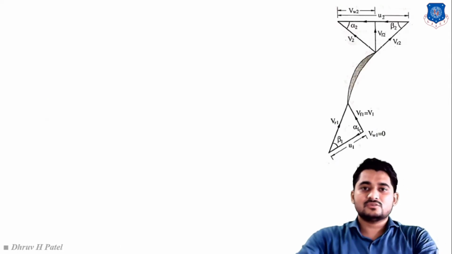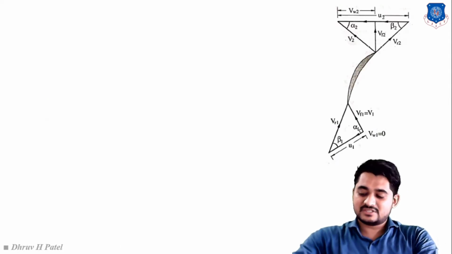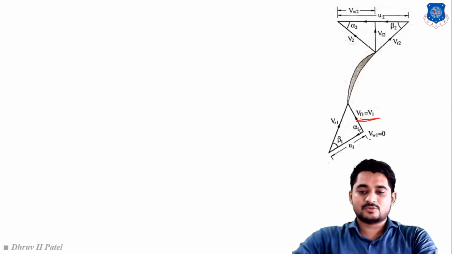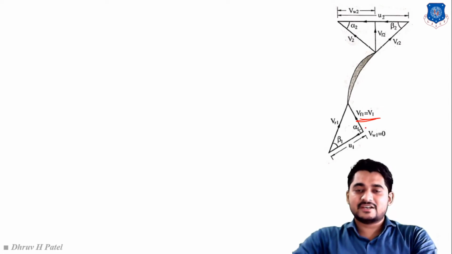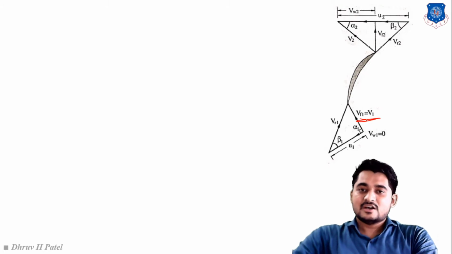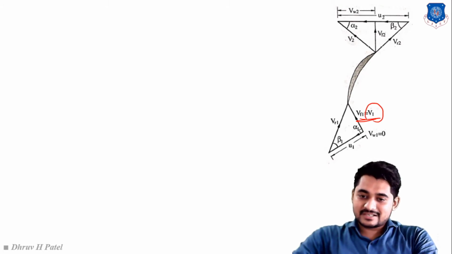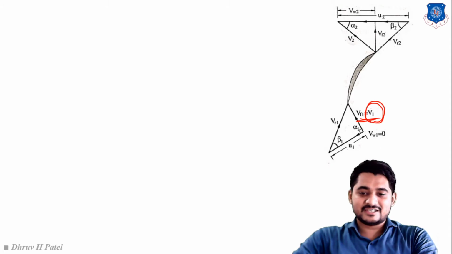Then we have to draw the velocity triangle. This is the velocity triangle for the centrifugal pump, as shown in every example. The velocity triangle will be drawn like this. First of all, fluid enters in the V1 direction axially, so V1, and u1 is the blade velocity in the anti-clockwise direction, so u1 and V1 will be there.